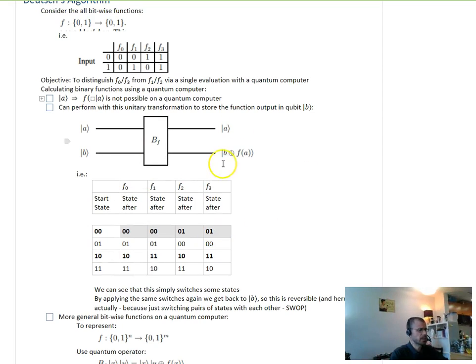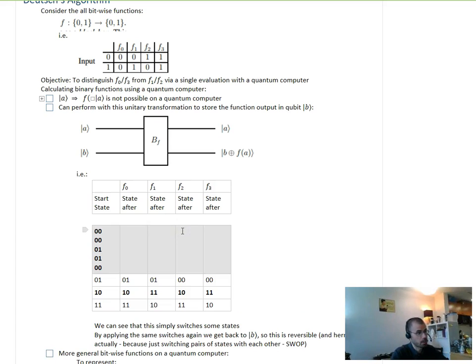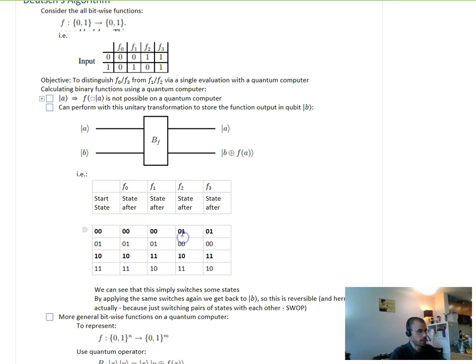Now, doing this is a unitary transformation. It is reversible. It's easy to see that it's reversible because some of the time we're flipping the second qubit, and if we just do that again, then this state would go back to 0, 0. So we can reverse it. Similarly, we flip the second qubit here, or let me see, this one wasn't flipping, so if again we don't flip it, it stays.